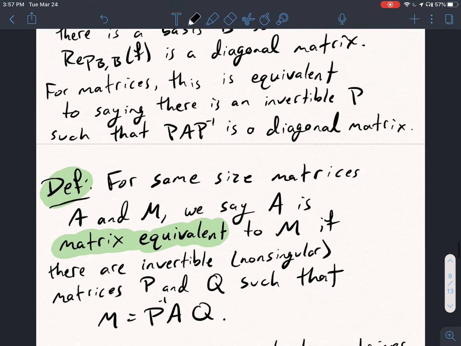Sometimes you would have a P inverse here or something, but if P is invertible, then P inverse would be invertible, and so this definition still works just fine. But anyway, changing the bases for a map representation is one way of getting matrix equivalent matrices.